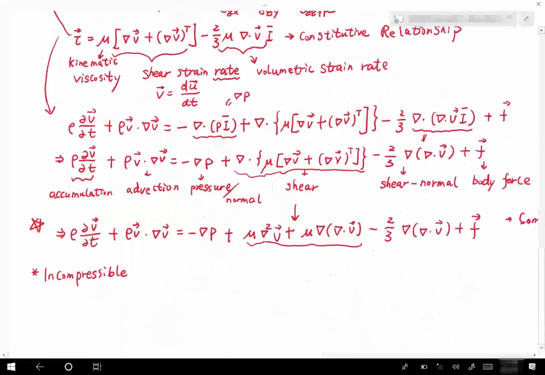So here, do we have the divergence of V? How many terms have the divergence of V? Two, right? This one has a divergence of V. This one also has a divergence of V, right? If it's incompressible, these two terms should be 0, right? So for incompressible, we're going to have the following equation.